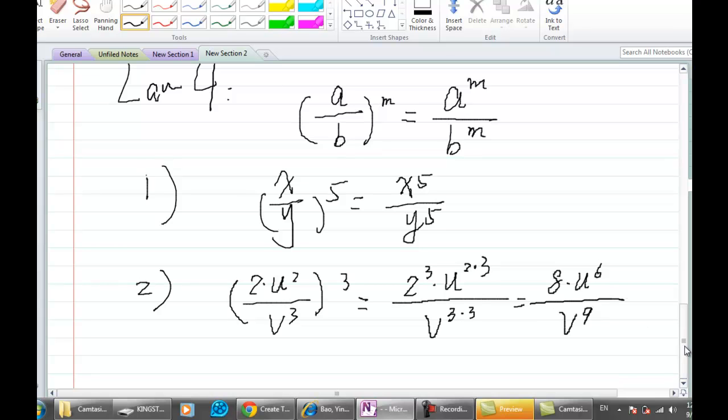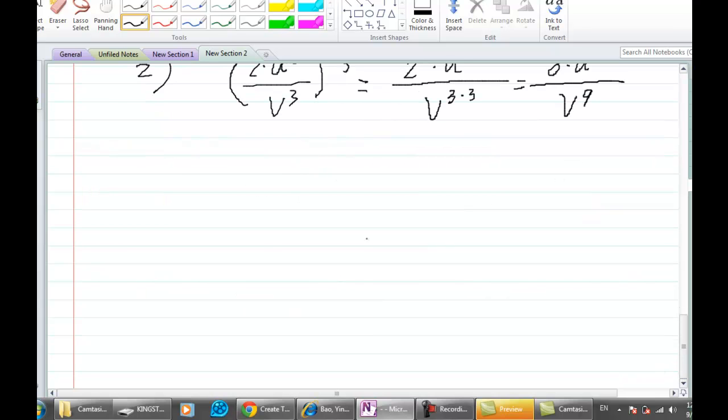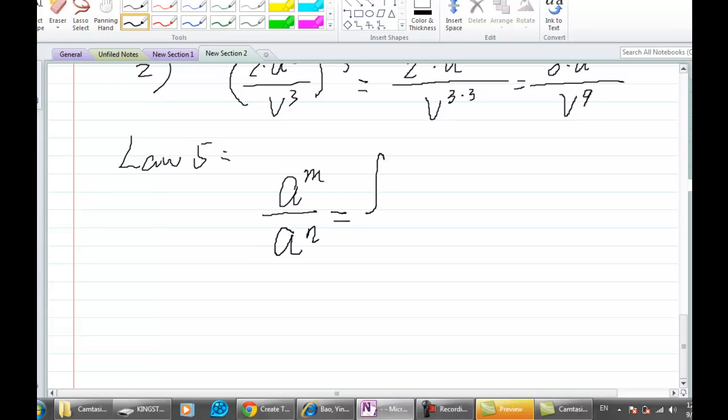Now the last one is more difficult here, which has different results. The law 5 is a to the mth power over, oh sorry, it should be a, still a here in the denominator, a to the nth power equals to, there are three different results here according to their different assumptions.